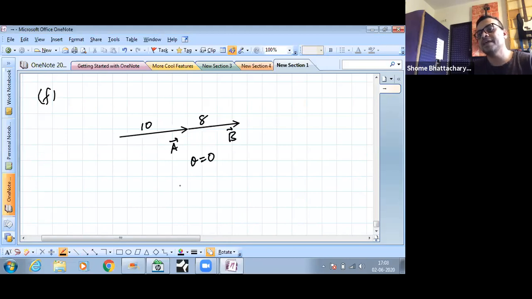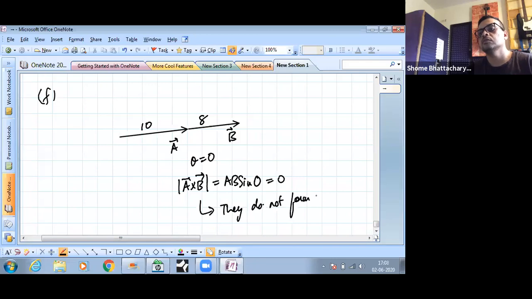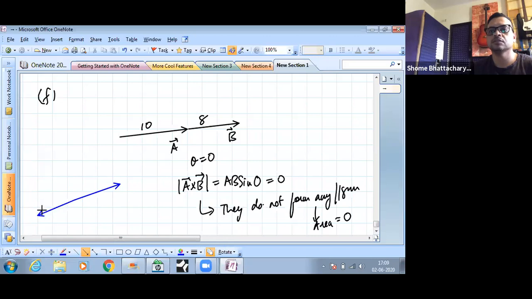The magnitude of A cross B will just become AB sine 0, that is 0, because they do not form any parallelogram. So the area is 0. That is why the magnitude of A cross B becomes 0. Similarly, if they were anti-parallel, in opposite directions, it would be the same thing.